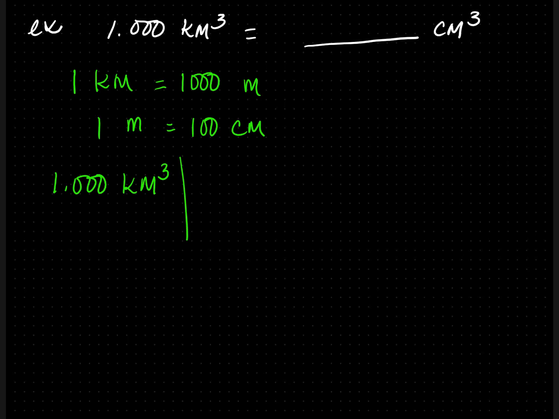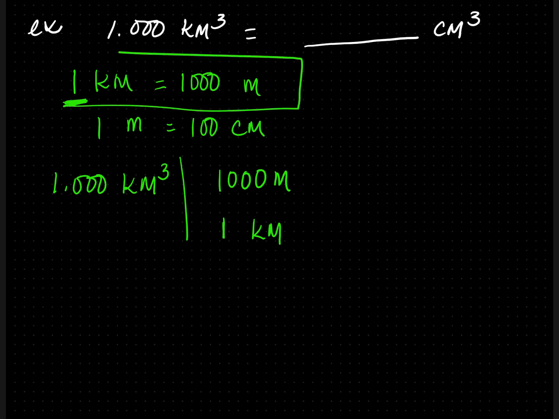I know my diagonal units have to be kilometers cubed. Right now, I'm going to leave it as kilometers because I know that 1 kilometer equals 1,000 meters. We know this conversion factor. 1 kilometer is the same thing as 1,000 meters.